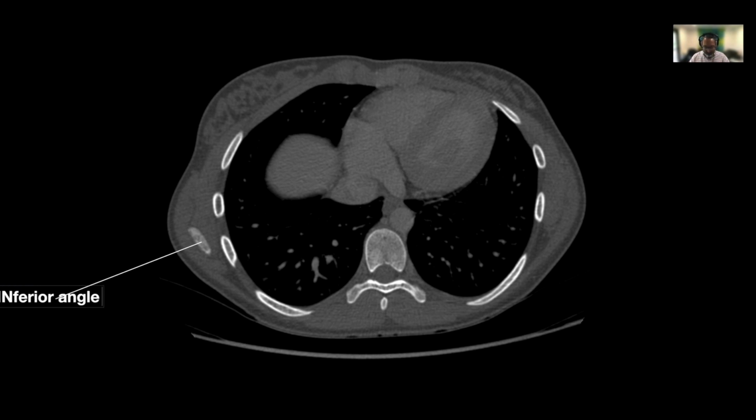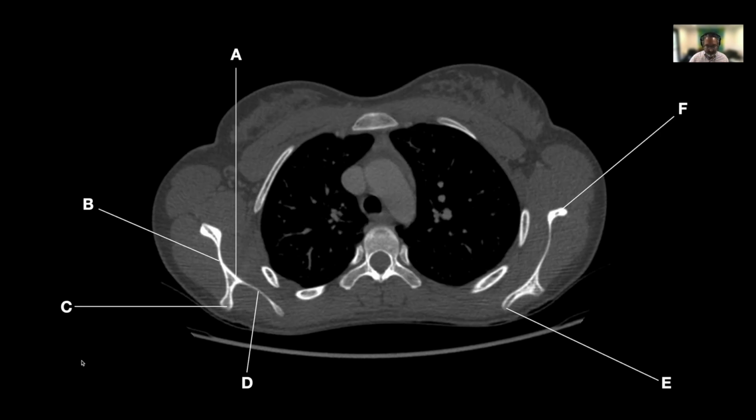Inferior angle of the scapula. Correct. And that's correct. Now let's keep going. These are the fossae surfaces of the scapula, and these are the borders of the scapula. Correct.